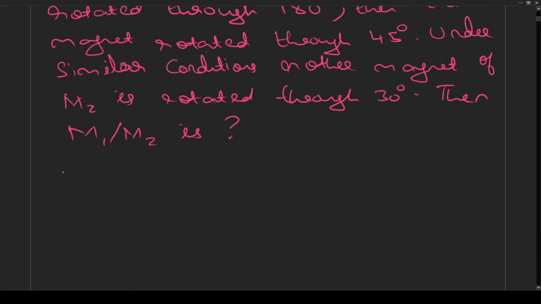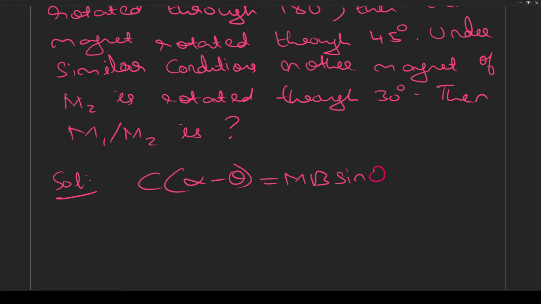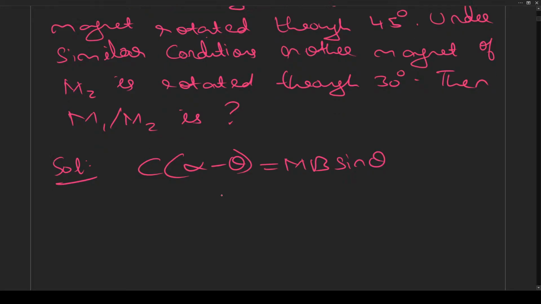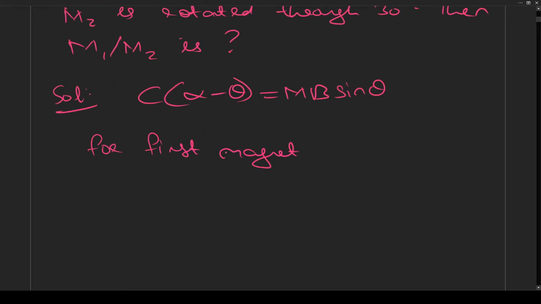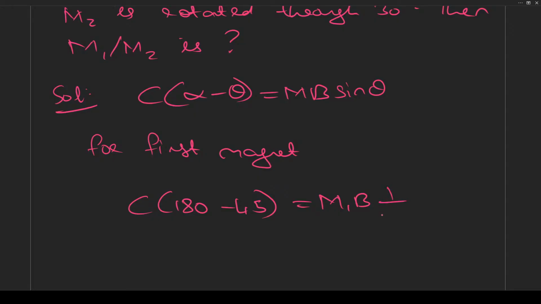There is a formula. Solution: C into alpha minus theta equals mB sine theta. This is the rotation of the upper wire. For the first magnet, C into 180 minus 45 equals M1 B sine 45 degrees, which is 1 by root 2.